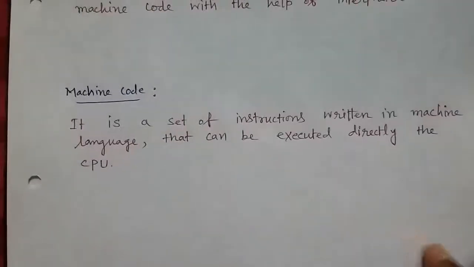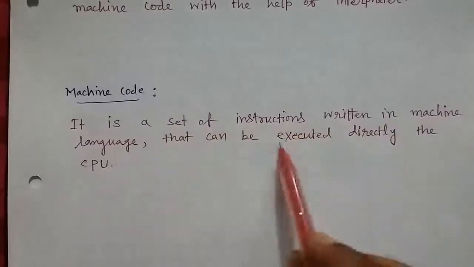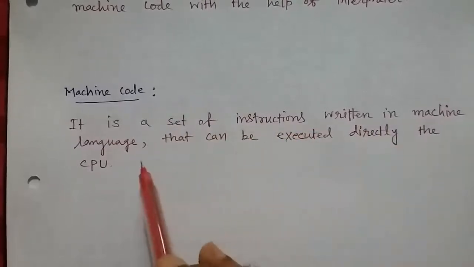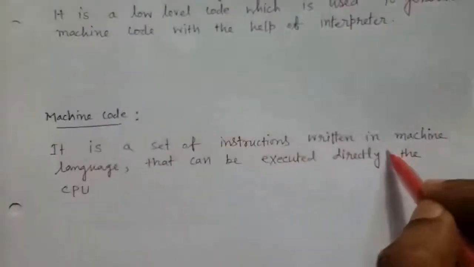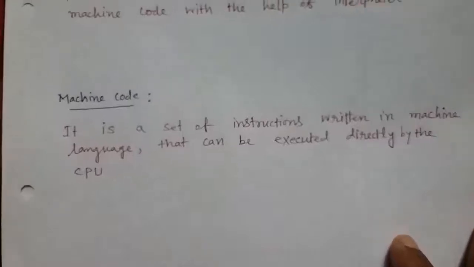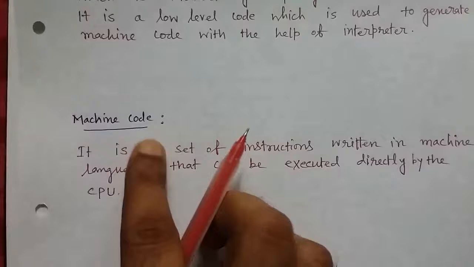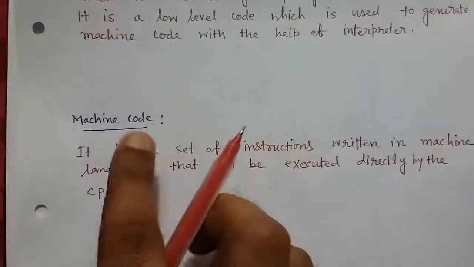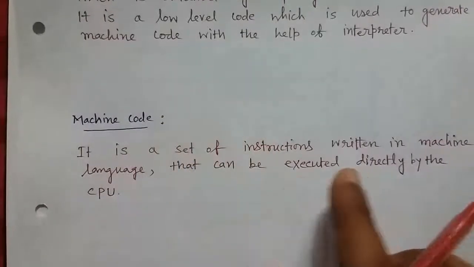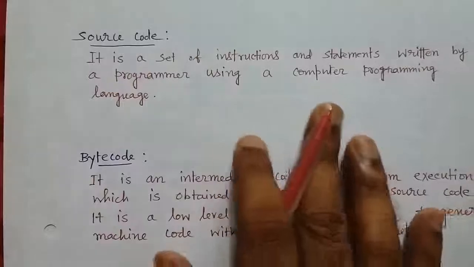And now the machine code. It is a set of instructions written in machine language that can be executed directly by the CPU. Ultimately we want this. The computer system wants this machine code to execute. So directly a program, that means the source code, will not be executed.